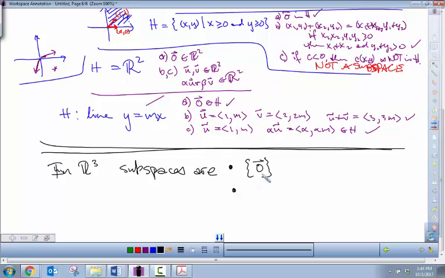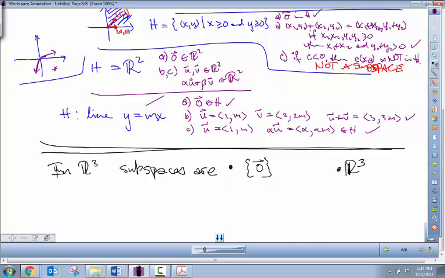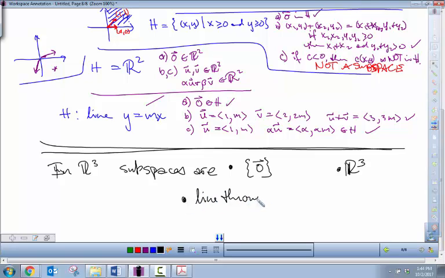The other trivial subspace is all of R3. And then there's two more. One of them would be a three-dimensional line that goes through the origin, and you can imagine that line is being spanned by one vector.